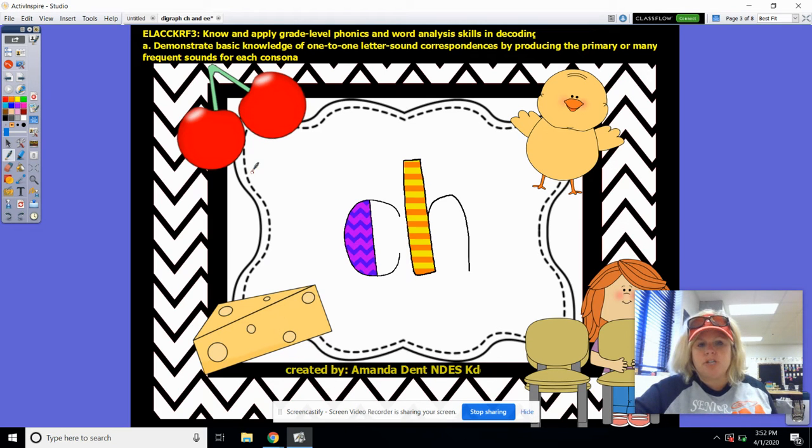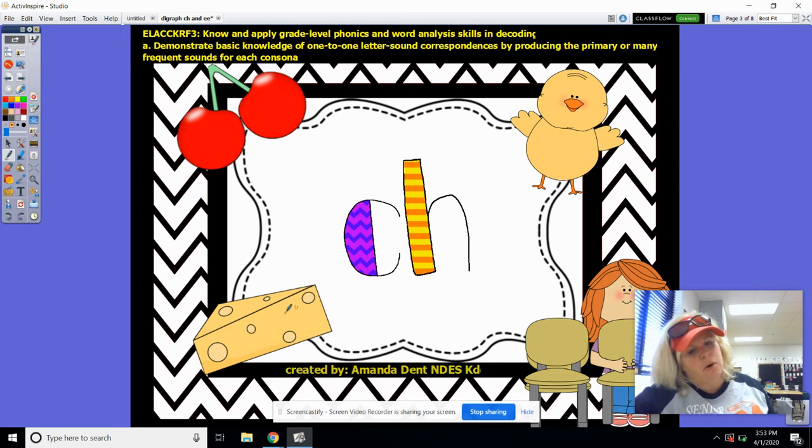So let's look at the pictures all around our screen. This is a fruit. What fruit is this? If it has the ch sound in it, these are called cherries. What do you think this is? This is called a chick. This is called cheese.